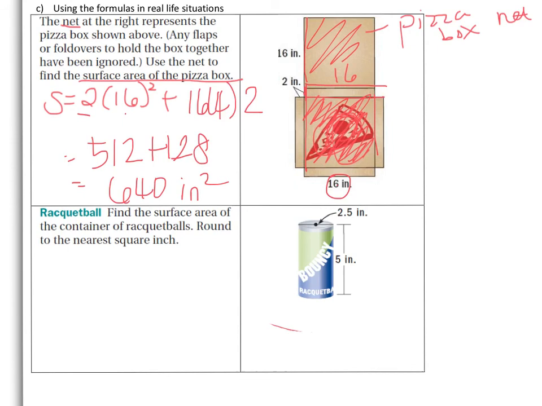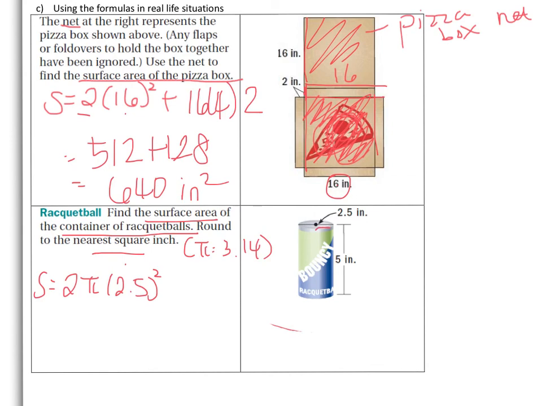And a racquetball. Find the surface area of the container of racquetballs. Round your answer to the nearest square inch. Okay, so I'm going to have you use pi equals 3.14. In this case, the surface area is just 2 pi 2.5 squared. Radius is 2.5.